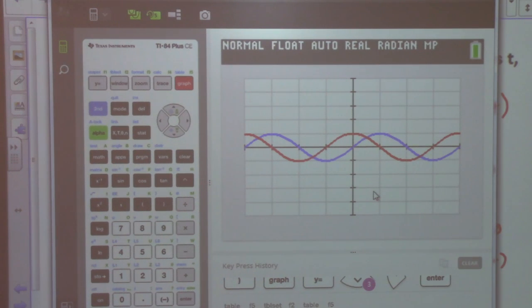Another thing is anything that's cyclical, like seasons, amount of sunlight, tides, anything that uses waves that will go up and down. You can use sinusoidal functions to help model and figure out and predict what's going to happen.